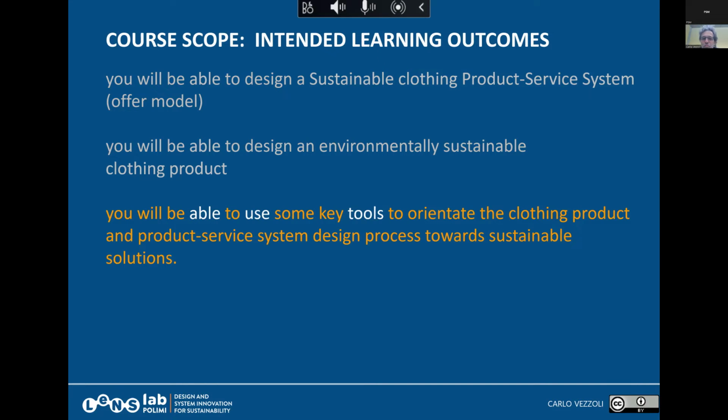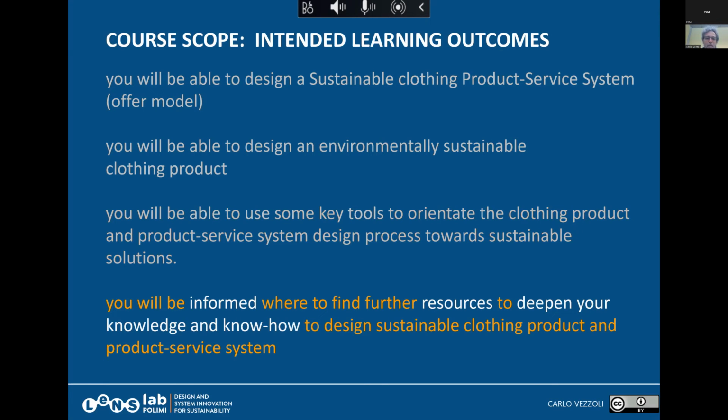You will be used to using some key tools to orientate the design of both clothing product and product service system towards environmentally sustainable solutions. And finally, we will give you some information to deepen your knowledge if you want to, even beyond the content of this course.